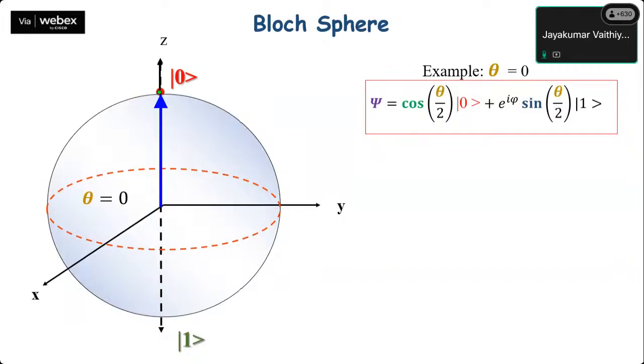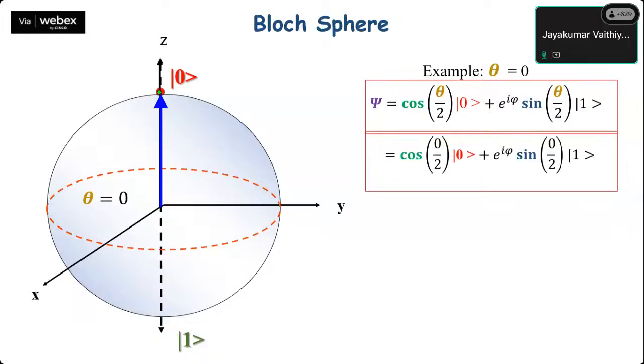Are you able to realize? It will point to the north pole exactly on the z-axis. So there is no angle difference between the z-axis and your quantum state vector. Very good. So apply theta equal to 0. Yes, exactly on the z-axis. For easier understanding, I'm saying north pole.